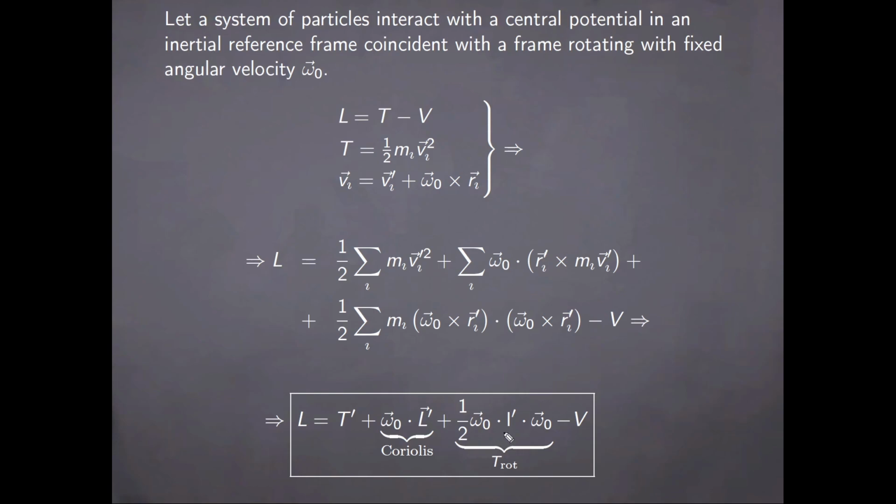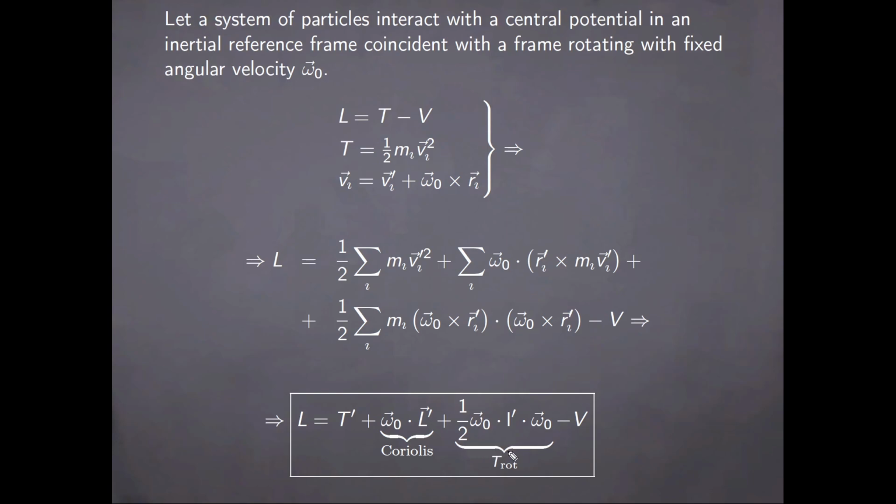while the third term is a scalar resulting from the contraction of the inertia tensor written in the rotating frame. So the inertia tensor of the system contracted twice with omega 0.